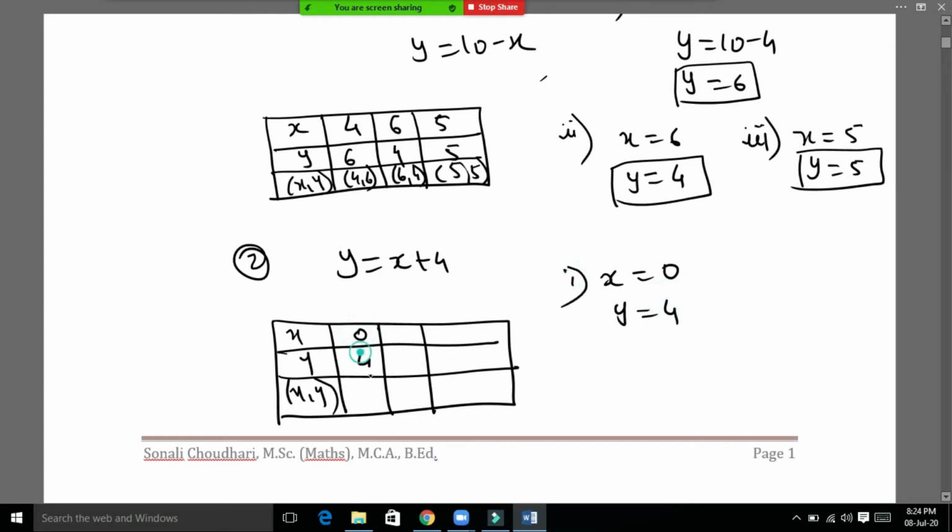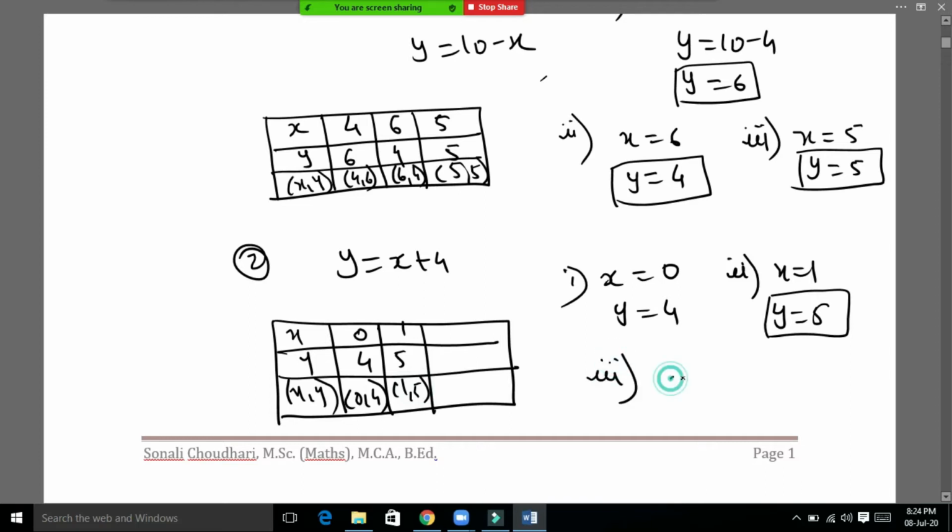So x is equal to 0, y is equal to 4. Now for the second, x is equal to 1, y is equal to 1 plus 4 is 5. So 1, 5 is the second point. And the third, x is equal to 2, y is equal to 6. So this is another point, 2 comma 6.